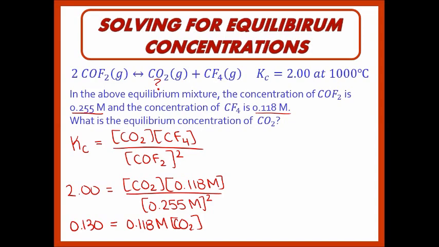Now in order to isolate the concentration of CO2, we can divide by 0.118 molarity on both sides, and this gives us an equilibrium concentration of CO2 equal to 1.10 molarity.